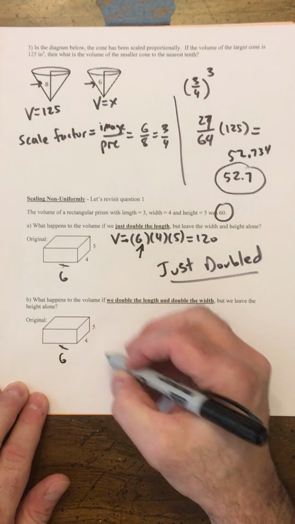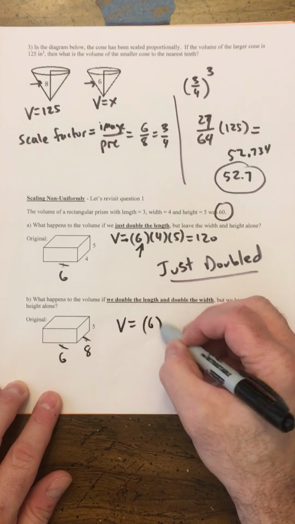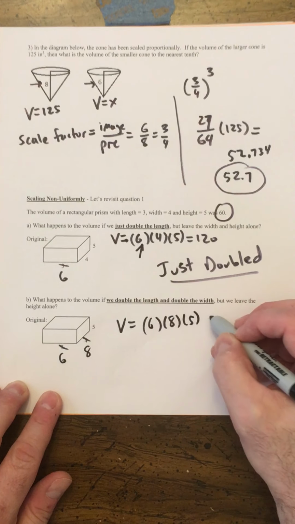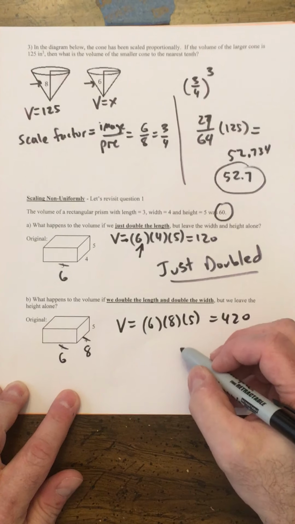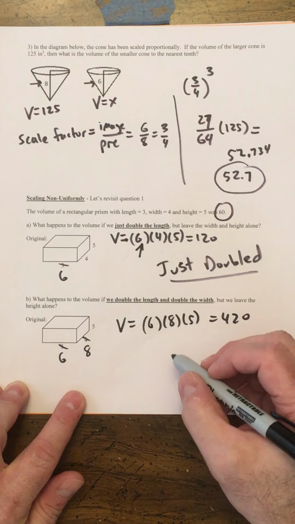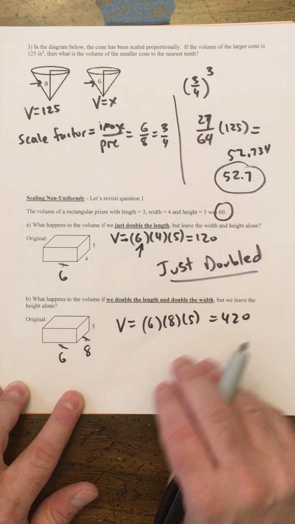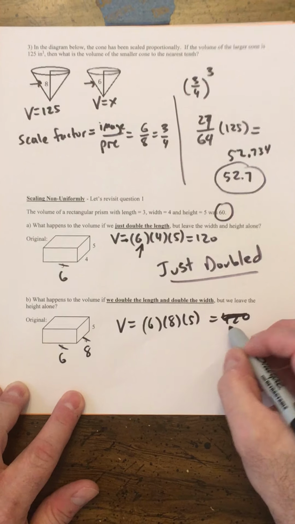So the 3 becomes 6, the 4 becomes 8. 6 times 8 times 5 is 420. And 420 compared to 60 is 4 times larger. I'm sorry, not 420, 240.